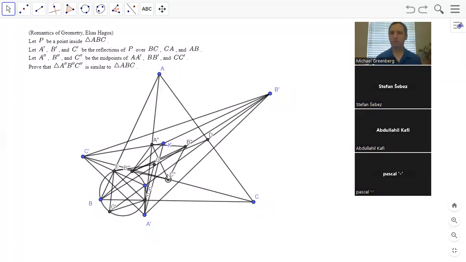I'm gonna spend like 10 more minutes on this. It's a fun problem, but it's a little harder than I realized.